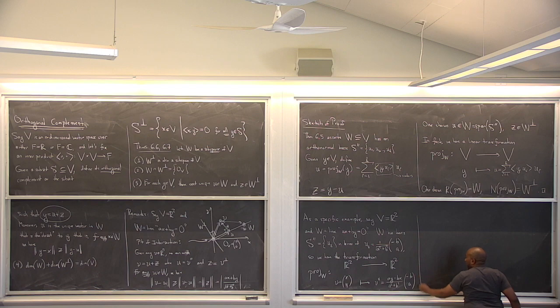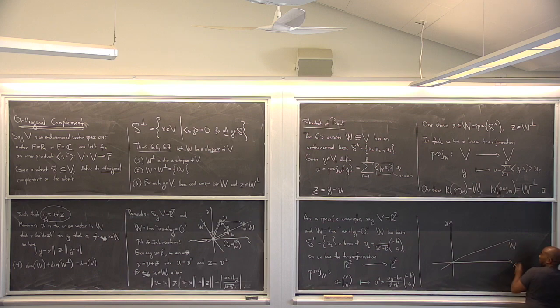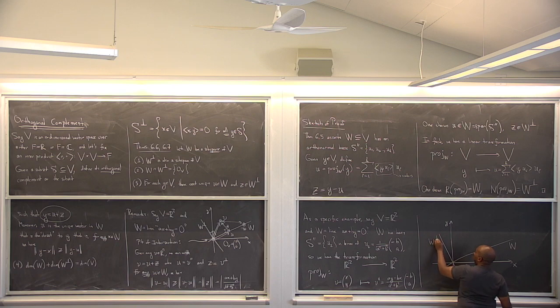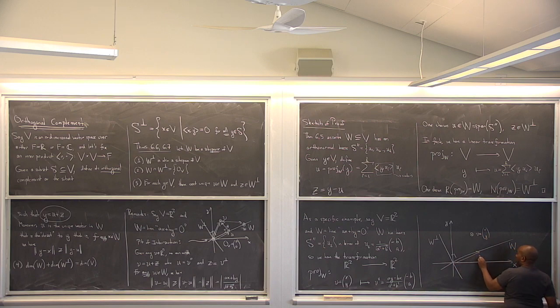So let's try to draw a picture to see what this is actually telling us. So here's x, here's y. Let's say this here again is our line W. This here is our line W perp. And so what we're doing here is if we have a vector v, then we know that this vector we can write as V parallel and V perpendicular.